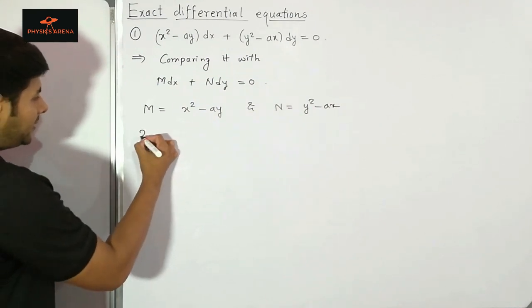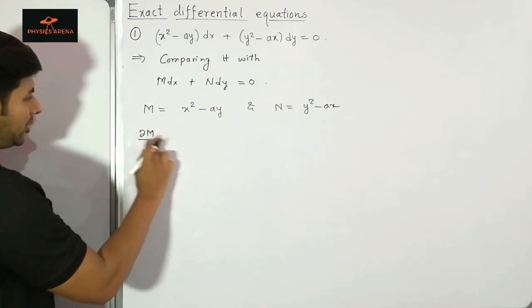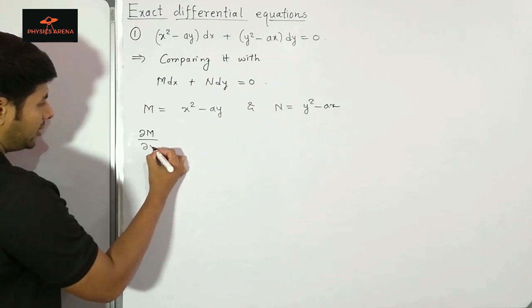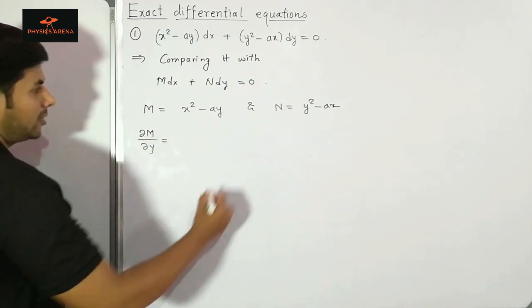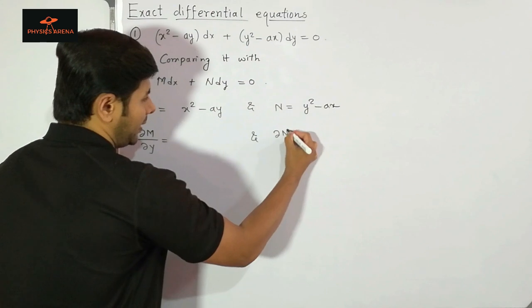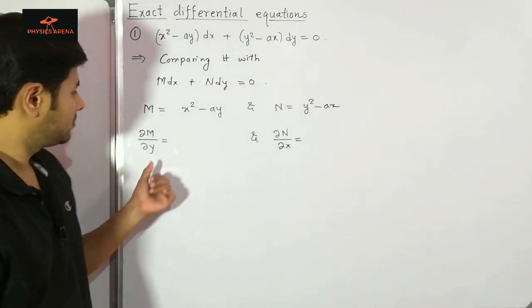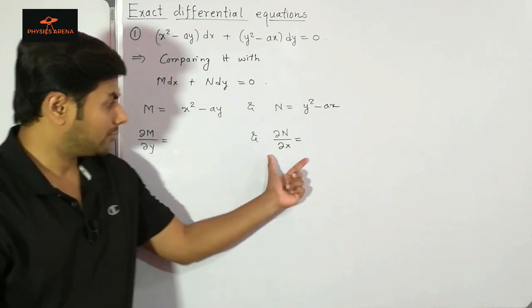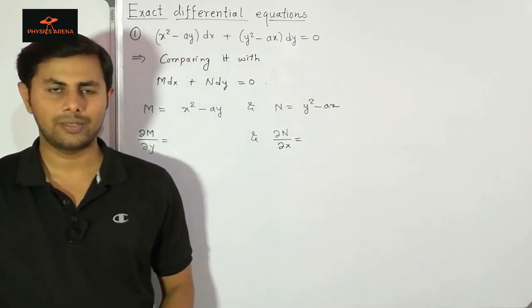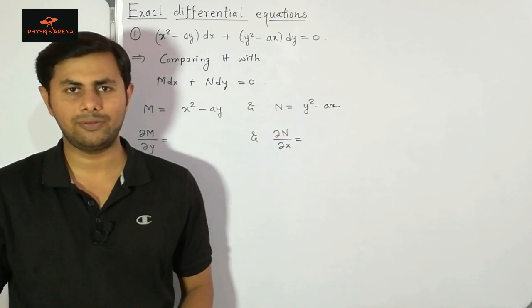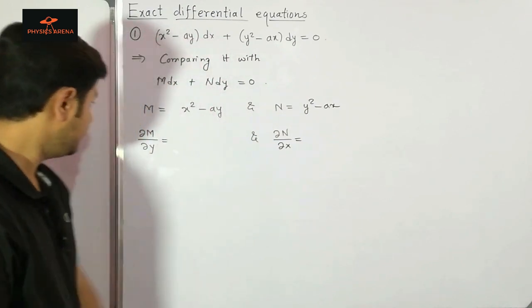Then we need to find partial derivative of m with respect to y and partial derivative of n with respect to x, and we know if these partial derivatives turn out to be equal, our given differential equation would be exact.